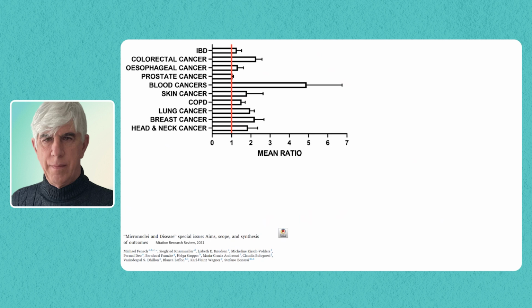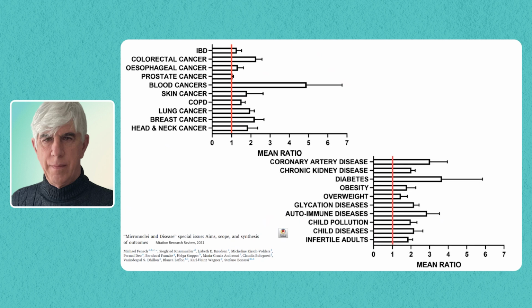We have blood cancer, leukemia, with like 5 times higher micronuclei, or head and neck twice, breast cancer, lung cancer twice, and so on, or also colorectal cancer, and even inflammatory bowel disease have a higher frequency of micronuclei.